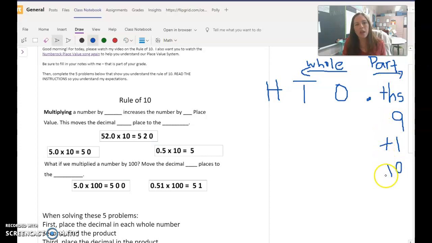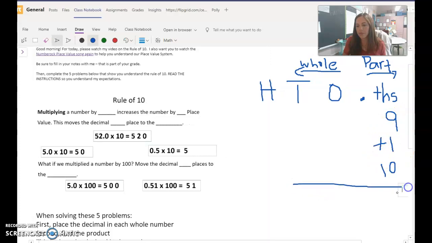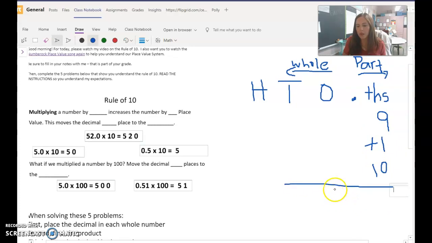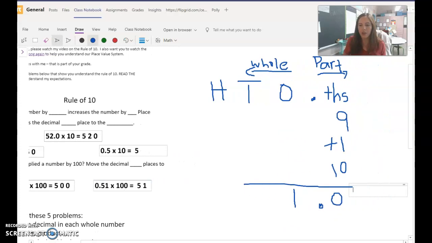Each place value only has enough room for one digit, and 10 is 2 digits, 1, 2. So once we add that last tenth, we move to 1 one and 0 tenths.